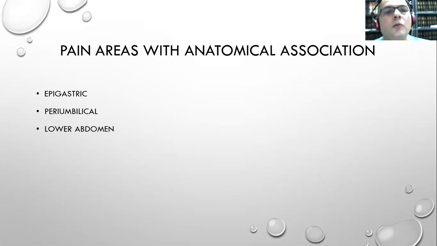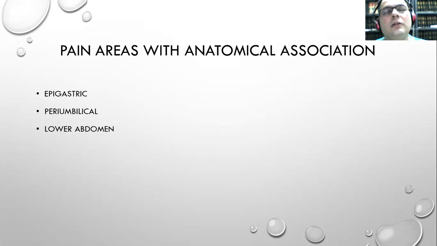If we talk about pain in abdomen, there are three pain areas with anatomical association. One is the epigastric region. In the abdomen, we have three quadrants in the epigastric region: the right and the left hypochondrium and the epigastric area. Then we have the periumbilical region.